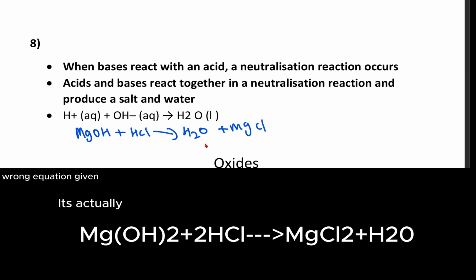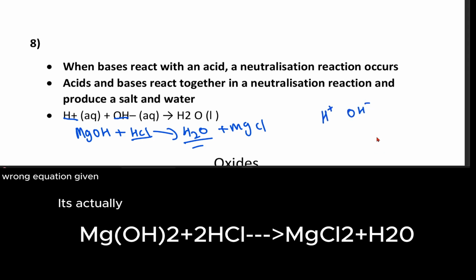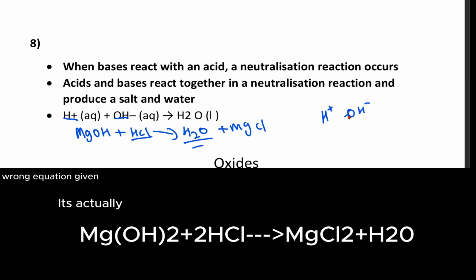You might ask me, JC, why does it create water? When these two solutions react together, the hydrogen ion from the acid and the OH minus ion from the base come together. The charge of hydrogen ion is plus and OH is minus, so you can cancel out the charges.